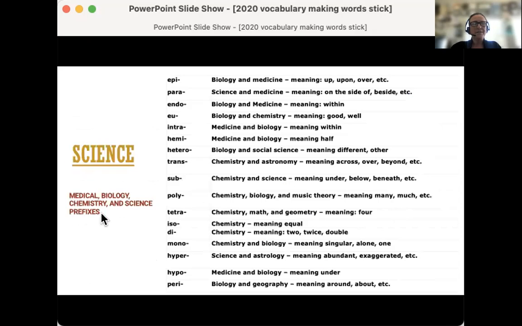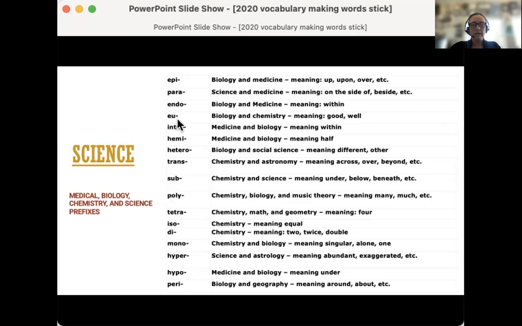So if you are in science, specifically biology, medical areas, chemistry, these prefixes are going to be helpful. I would say these are very specific vocabulary. But if you know meaning parts like endo, which means within, and intra, which means within as well, these are specifically going to be showing up in your biology textbooks.